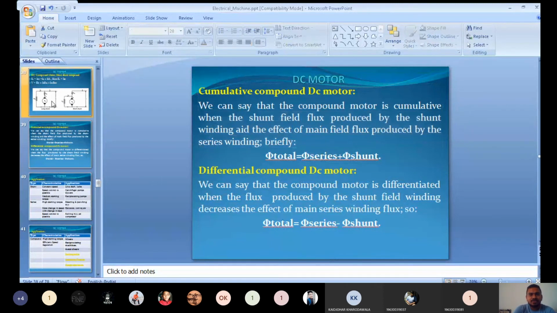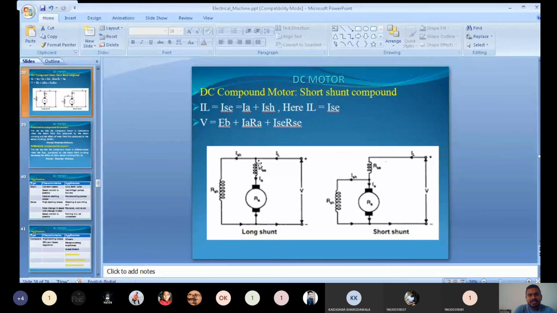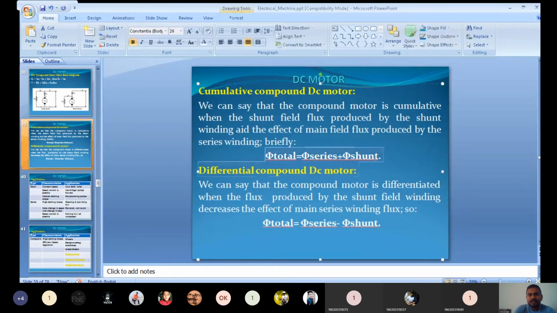If we look at the figure, this field winding will produce the series field flux and this will produce the shunt field flux, so this is phi SE and this is phi SH. When phi SH helps phi SE, at that time the motor is known as the cumulatively compound motor. So the total flux becomes phi total is equal to phi series plus phi shunt.